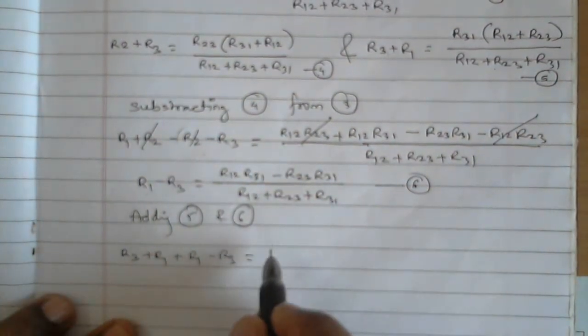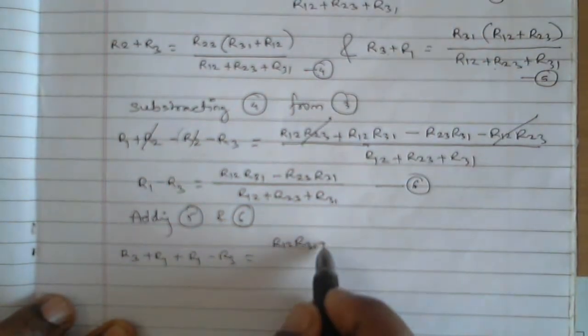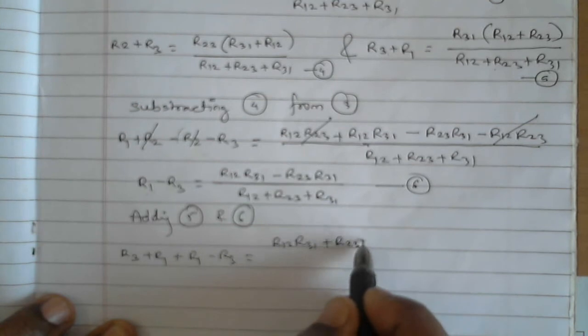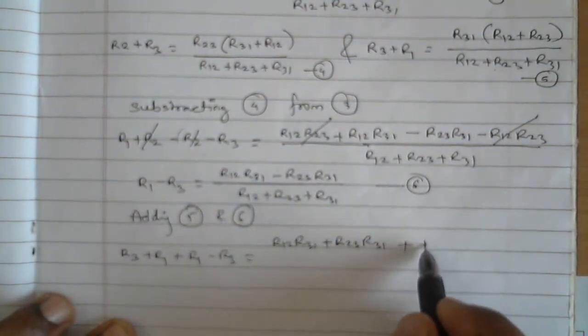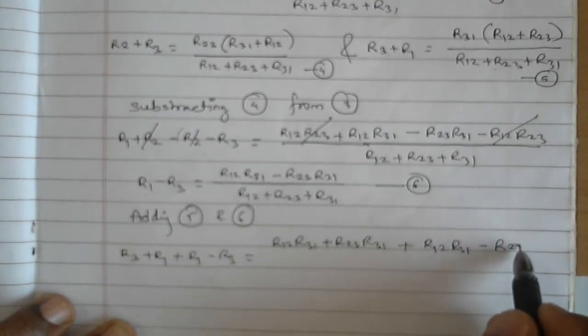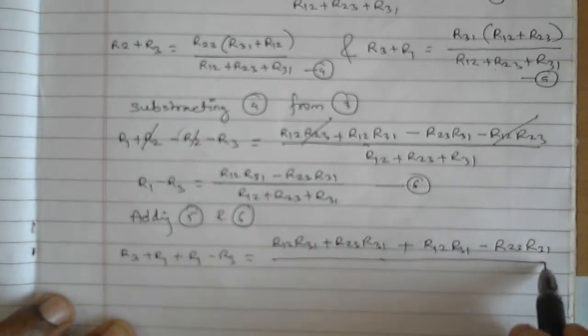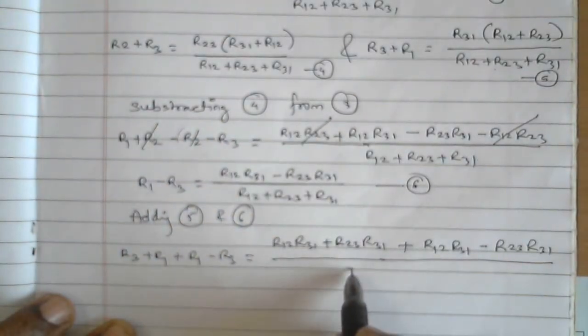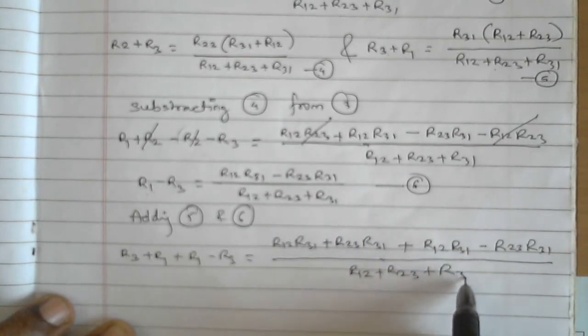So it will become R12 R31, I am opening this bracket, plus R23 R31, plus this numerator R12 R31 minus R23 R31, divided by, the denominator is the same in both cases, R12 plus R23 plus R31.